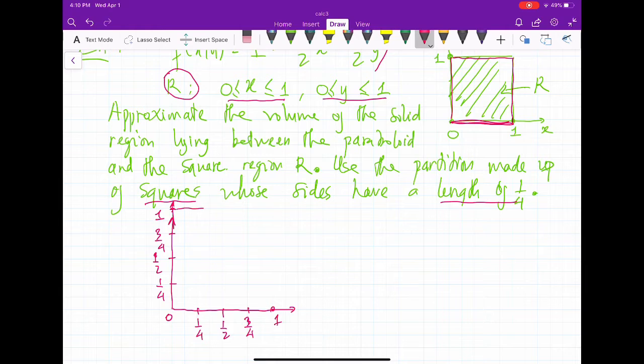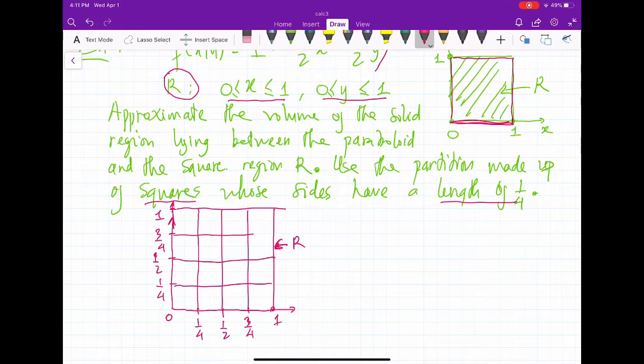So this is the square R. We need to make some partition on R. They ask us to use squares, so we have the following partition. We have 16 squares.